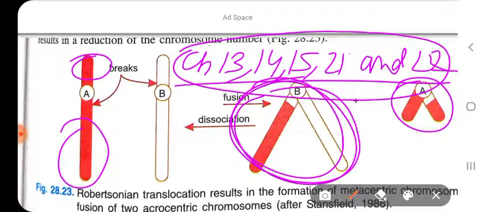And this type of translocation has a considerable evolutionary importance also, because it has been observed that humans have 46 chromosomes, whereas the great apes like chimpanzees, gorillas, orangutans have 48 chromosomes.